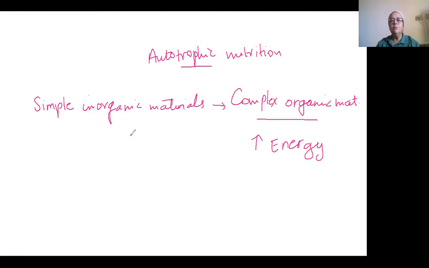So what are the simple materials and what are the complex materials that are made inside the body of these living organisms? Simple materials are carbon dioxide, water, sunlight. Now, the carbon dioxide, where does it come from?